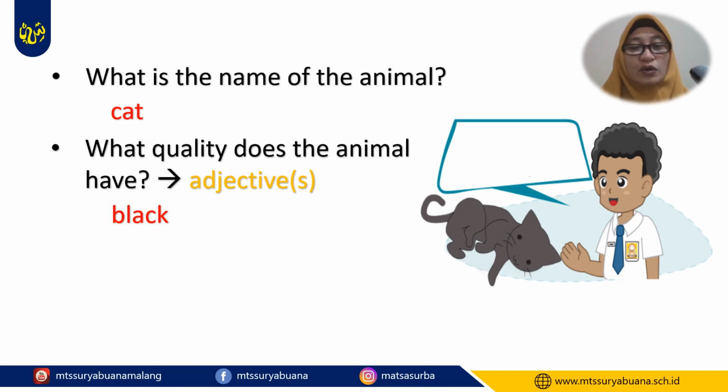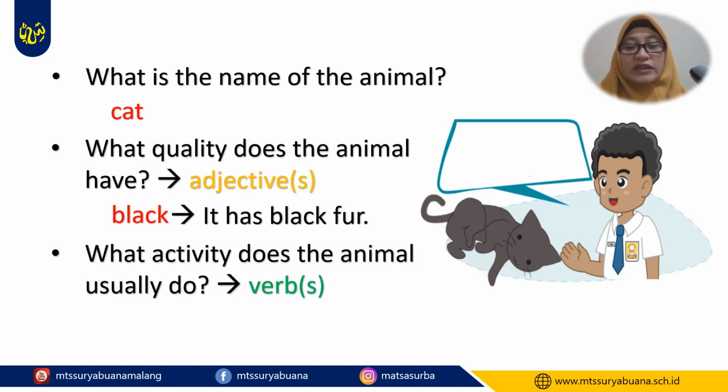Or we can also say that it has black fur. And then, what activity does the animal usually do? Remember we use verb for this. Sleeps. Or we can say it sleeps, right?